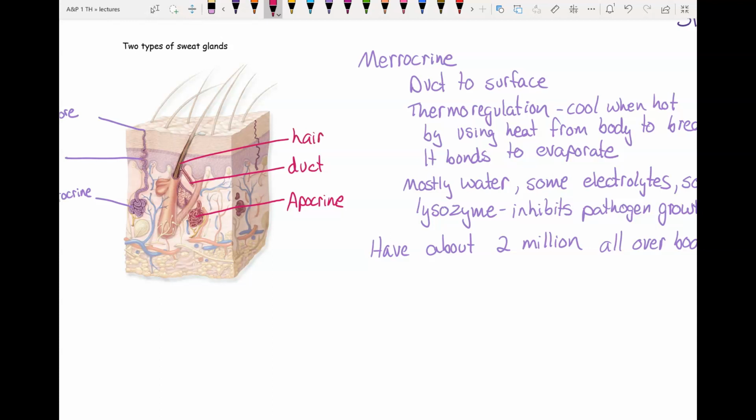And then the hair is what distributes it to the surface of the skin. So apocrine sweat does not have its own duct to the surface of the skin. It has a duct to a hair, and then it relies on the hair to get up to the surface of the skin.